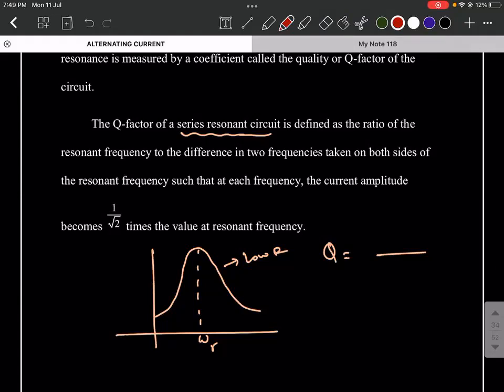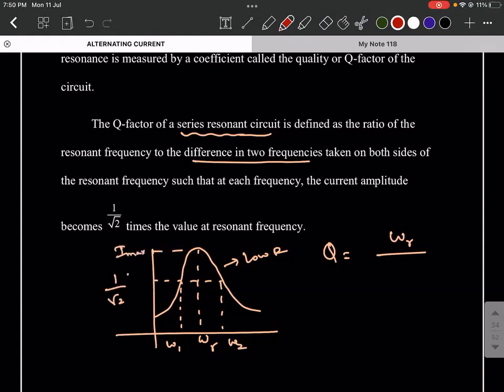Observe. The quality factor is defined as the ratio of the resonant frequency to the difference of two frequencies taken on both sides of the resonant frequency. So on either side of the resonant frequency, I'm taking two frequencies, omega 1 and omega 2, such that the current amplitude at that point becomes 1 by root 2 times the maximum value.